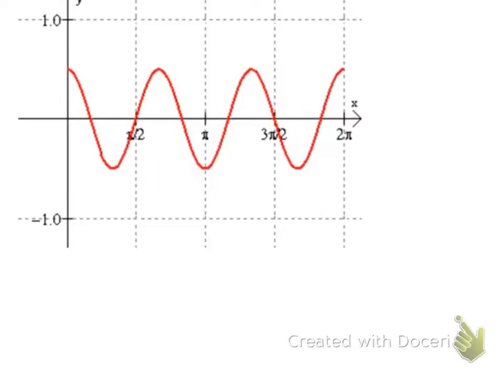Why do I want to write it as cosine? Because do I have to move it if it's a cosine? No, I don't have to move it because it's topping out at the y-axis. So therefore, I know I'm going to write it like this.